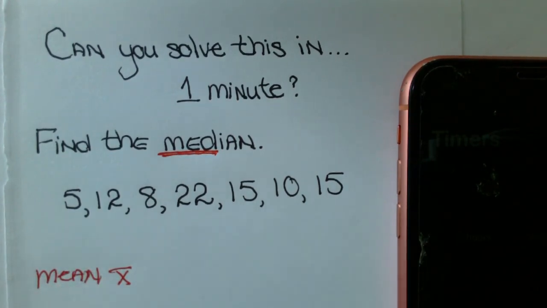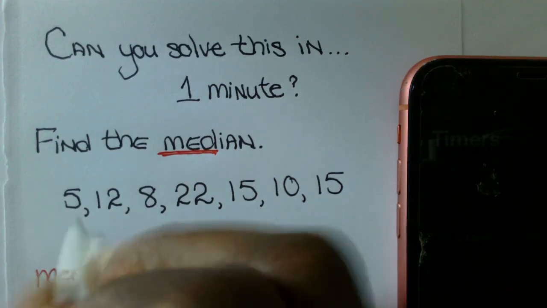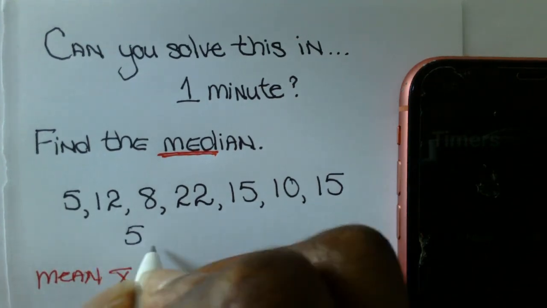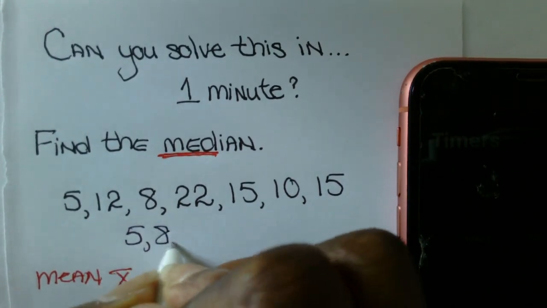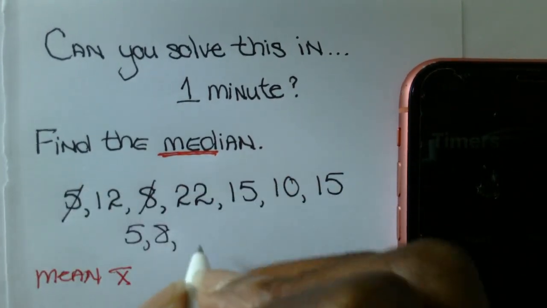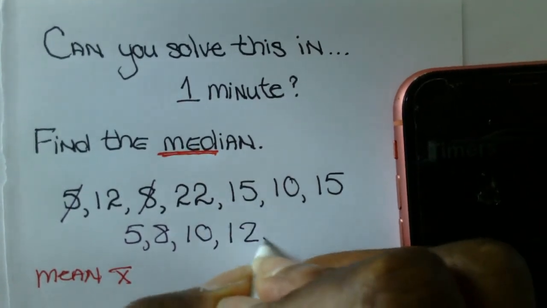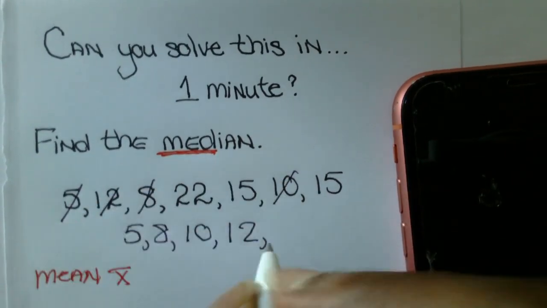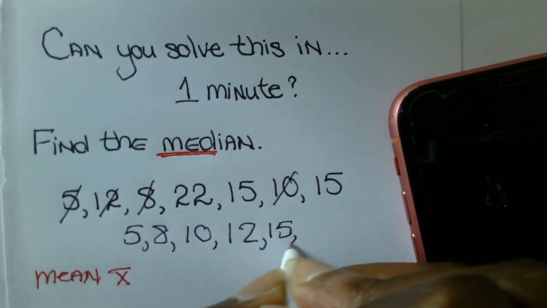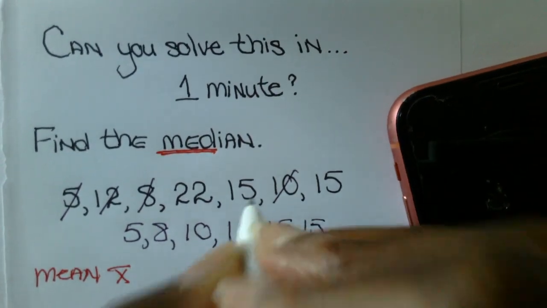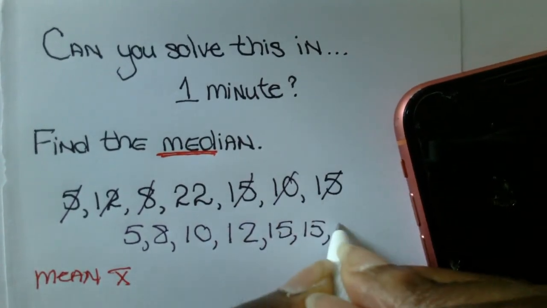So the lowest number we have is a 5, then we have an 8. I like to cancel out as I go through. There's a 10, there's a 12, you got 2 15s, and the 22.